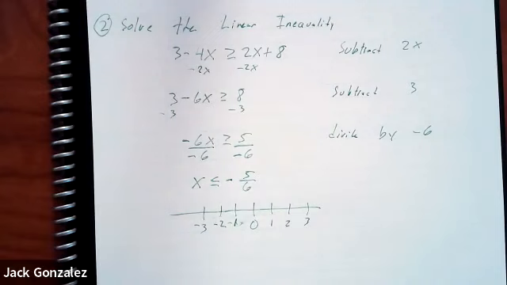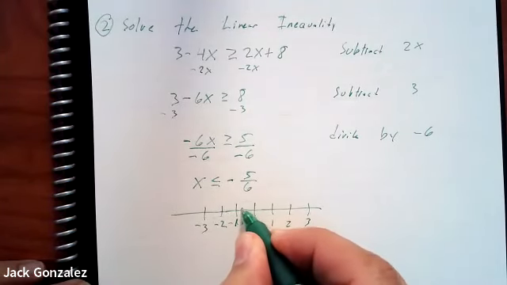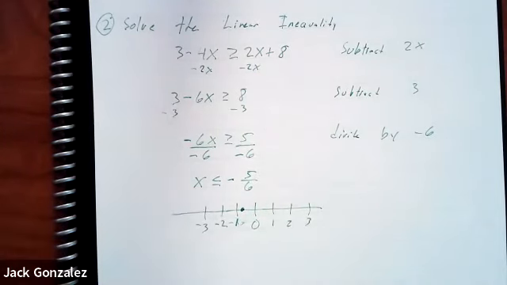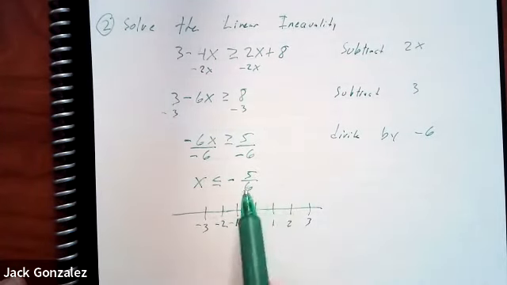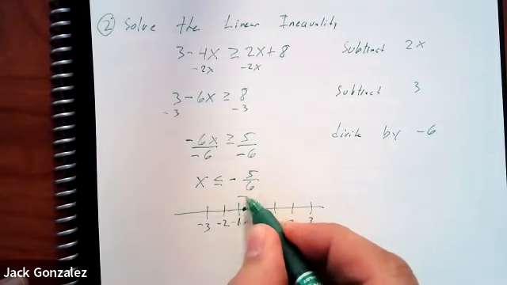Negative 5/6, you divide on your calculator, what would that be? No, it's almost 2, right? Or sorry, almost 1. Negative 0.888. That's somewhere around there, right? The only difference is you have equal to, so you put a bracket.